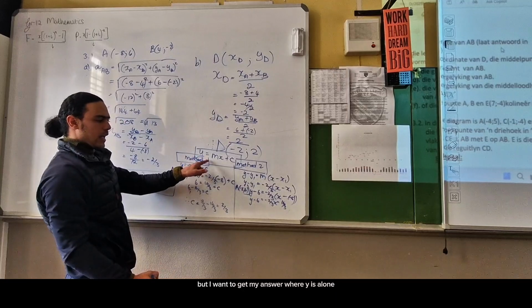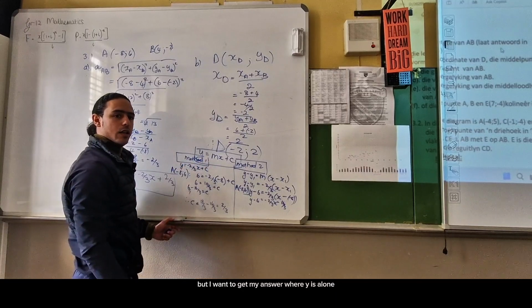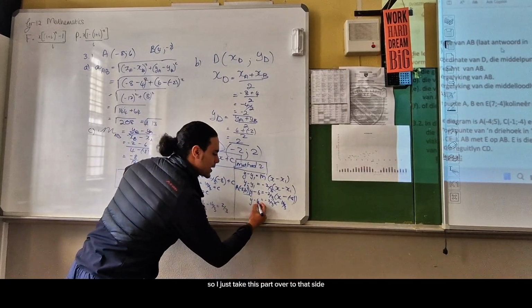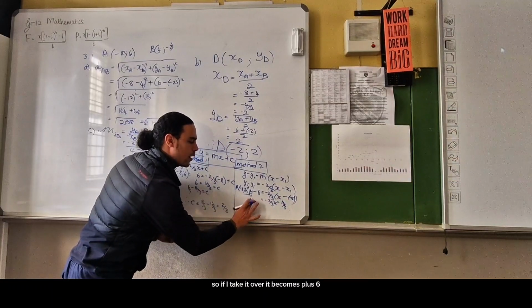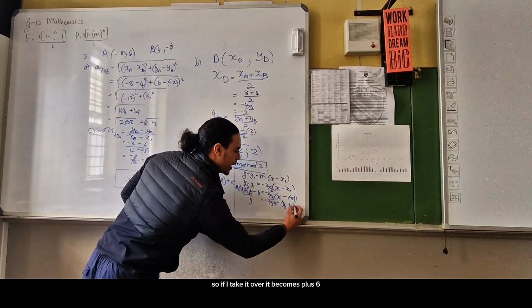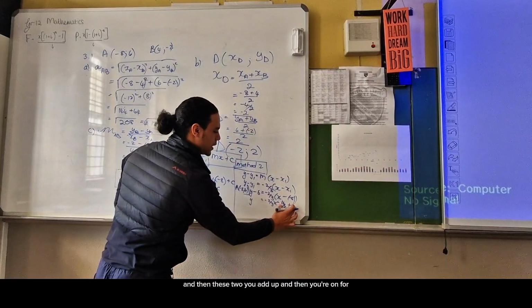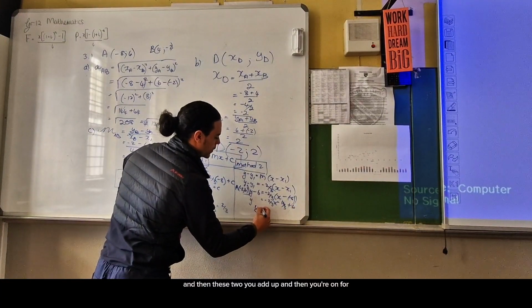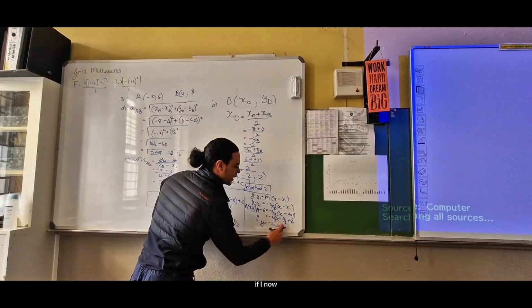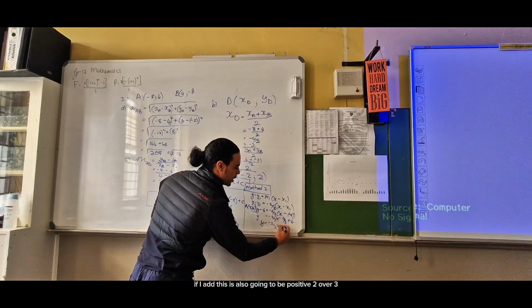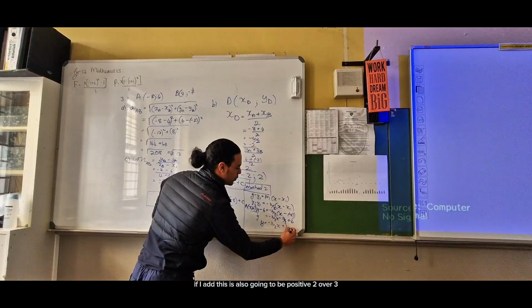But I want to get my answer where y is alone. So I just take this part over to that side. If I take it over, it becomes plus 6. Then these two you add up, and your answer is going to be y is equal to negative 2 over 3x, plus, if I add this, positive 2 over 3.